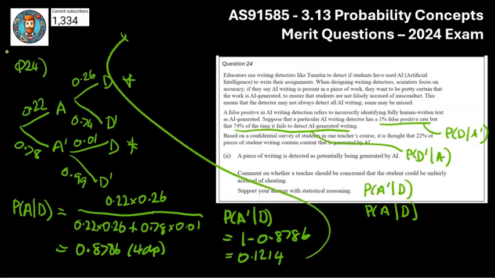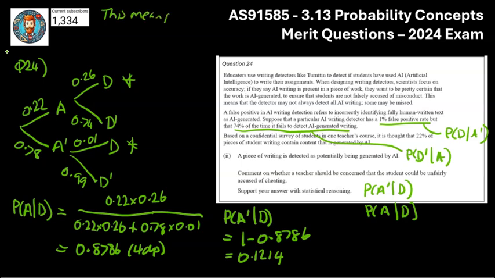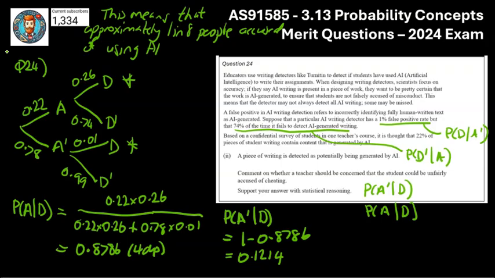So let's write a comment about that. I'm going to write my answer over here now, so it'll be a written response for this section. This means that approximately 1 in 8 people accused of using AI would not have used AI.